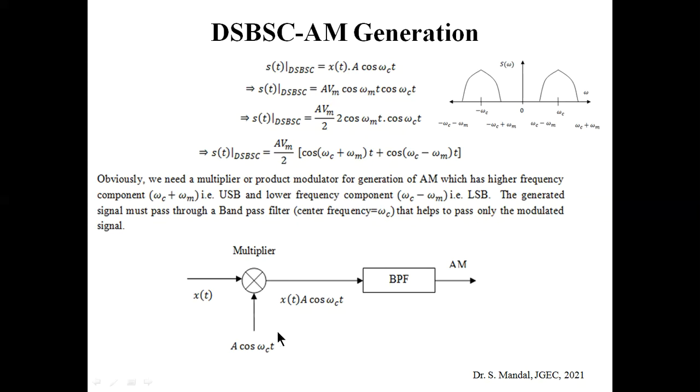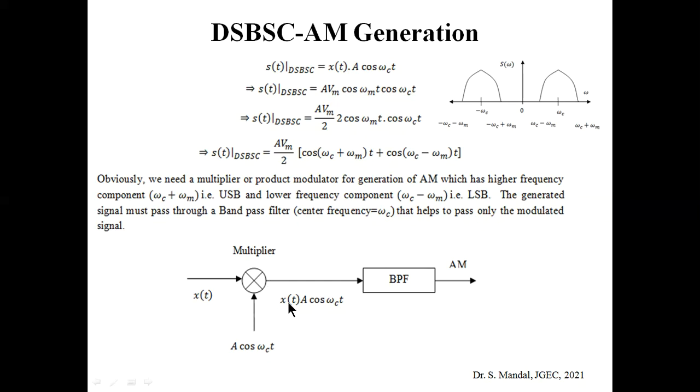Here you can see the block diagram of the DSBSC signal generation process. x(t) is multiplied by the carrier, so we need a multiplier whose one input is x(t) and another input is A cos omega_c t.